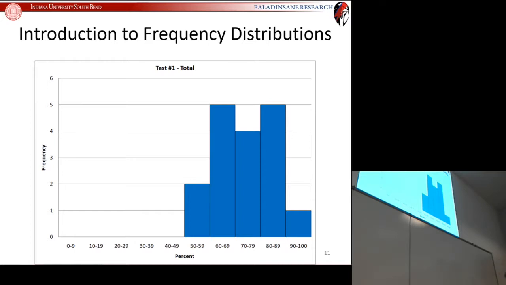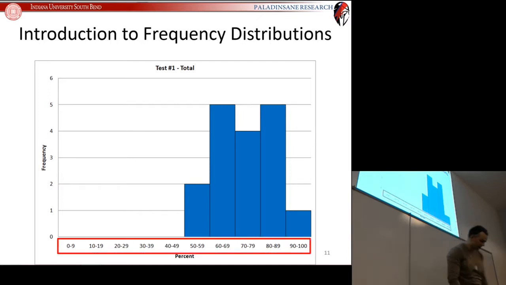So this frequency distribution gives us that frequency, how many people attained this particular score, and this is in graphic form. So it's a way of organizing data. It's a lot easier to make sense of this graph once you know how to correctly read it. And it's a descriptive statistic procedure that allows us to summarize all this information.